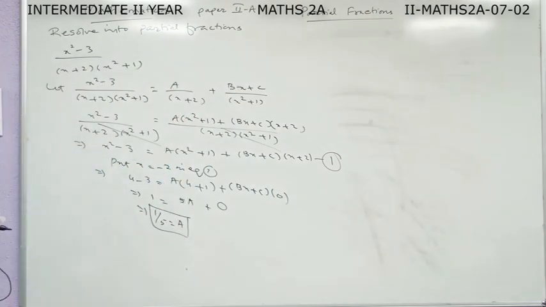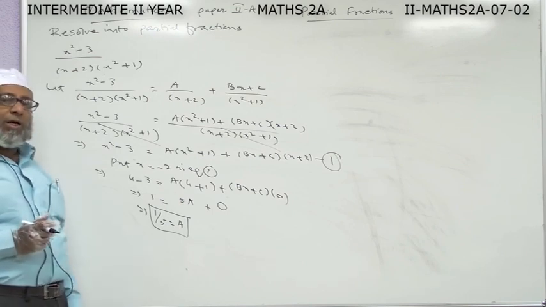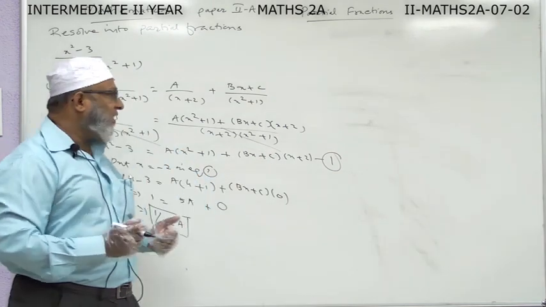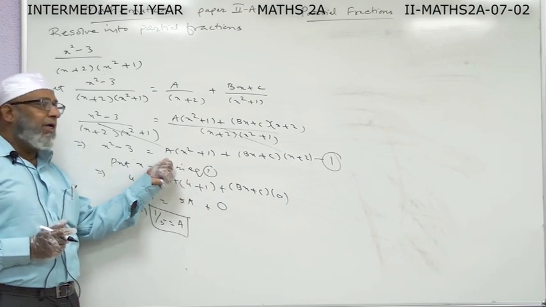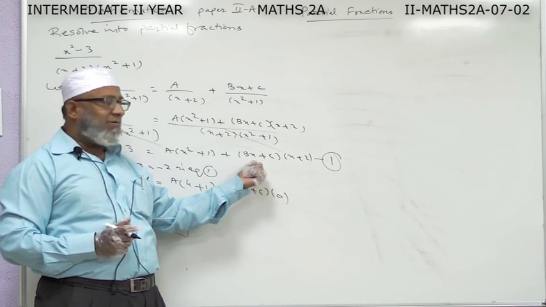Now to get the value of b and c, what I am doing, I am comparing the highest coefficient from equation 1. Now what is the highest coefficient? This is x square. What is the coefficient? A. Here if I multiply x into x, I may get x square. What is the coefficient?